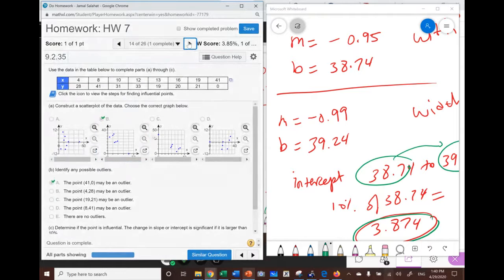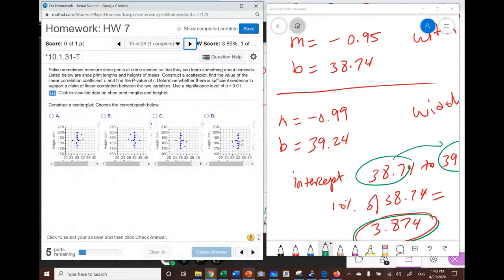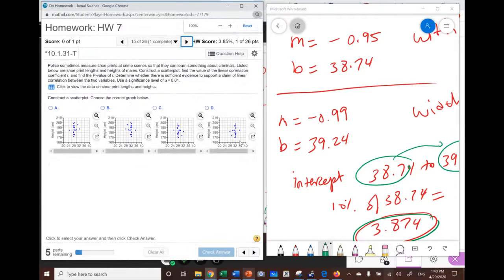Now, the question after that, which is 15, talks about probably similar stuff. Number 15 says, police sometimes measure shoe prints at crime scenes so that they can learn something about criminals. So again, the criminal is gone already, but they leave a footprint.